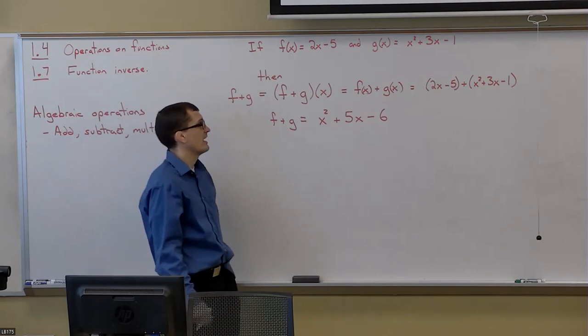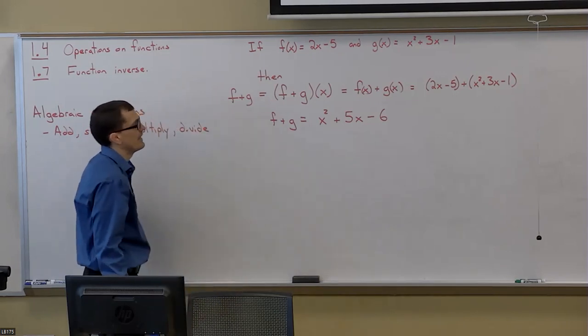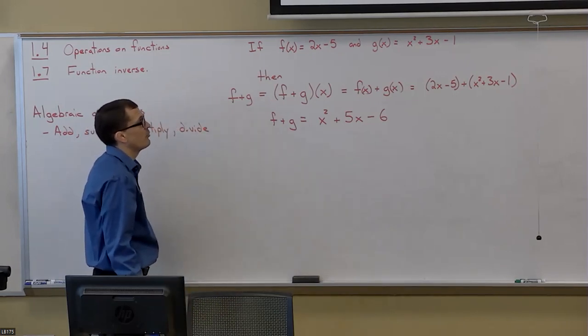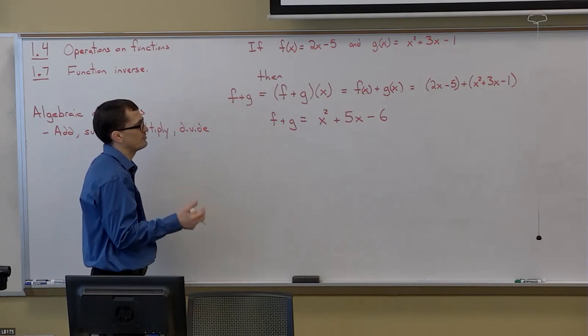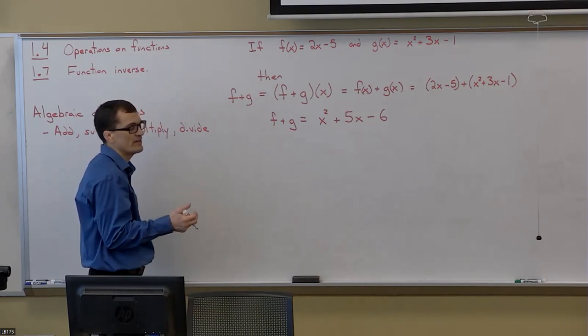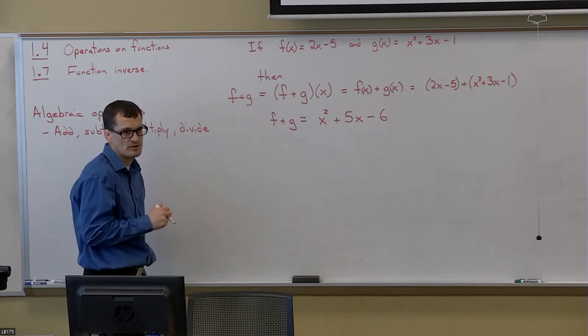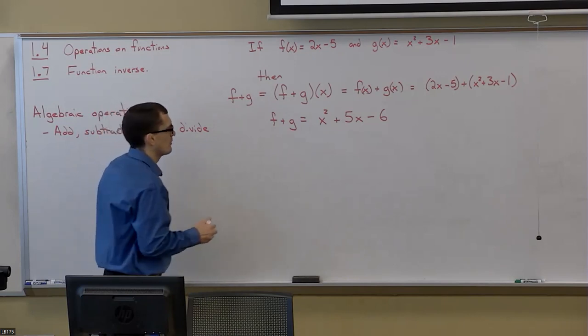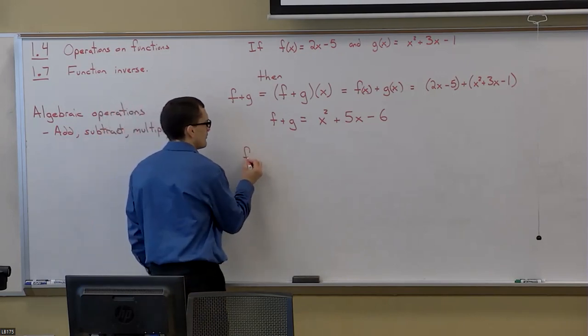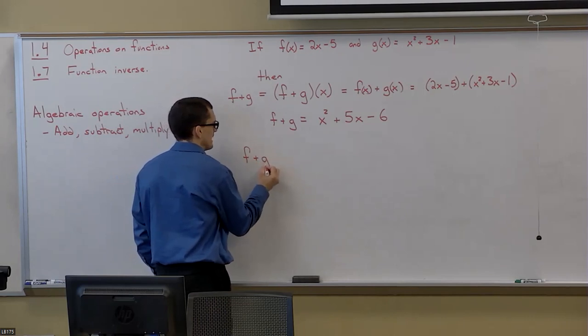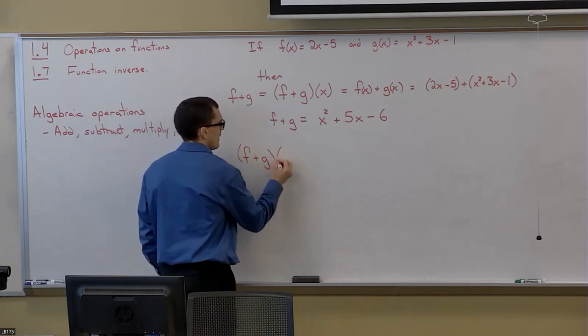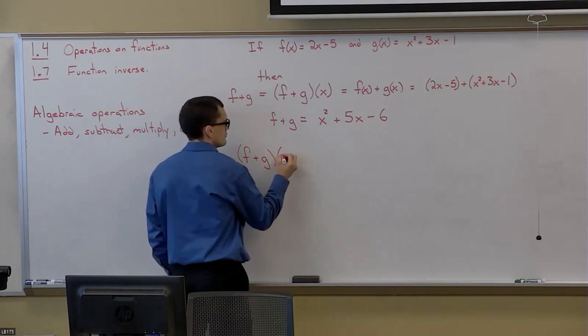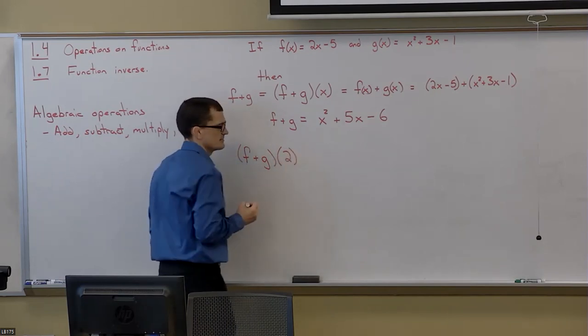Now, oftentimes, you may be asked to say, what is the result when we add two functions with a specific input value? So in other words, what's f plus g of 2, for instance?